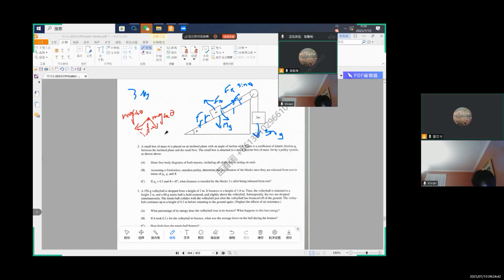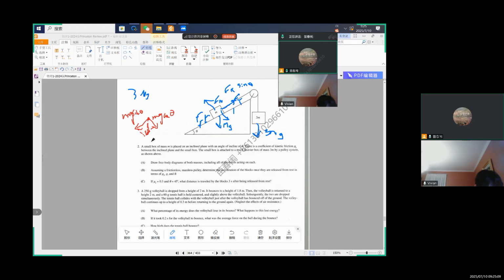Is that what you asked? Remember, this is only gravity, mg sine theta. So the tension is the 3mg, right? Well, we don't really know if the tension is 3mg.